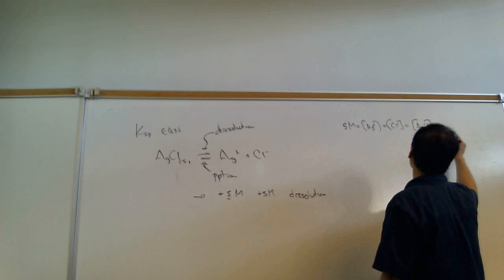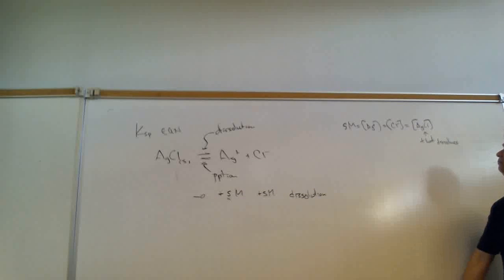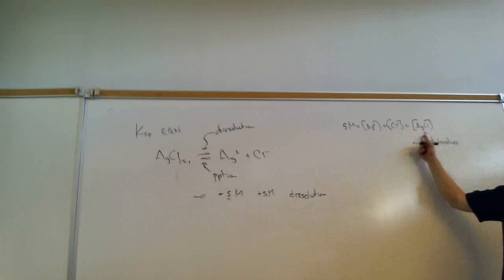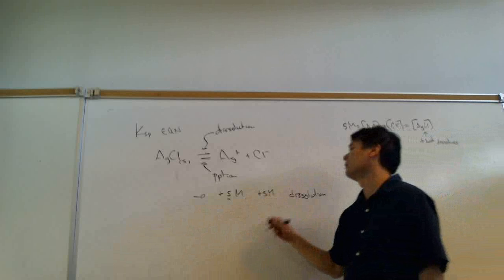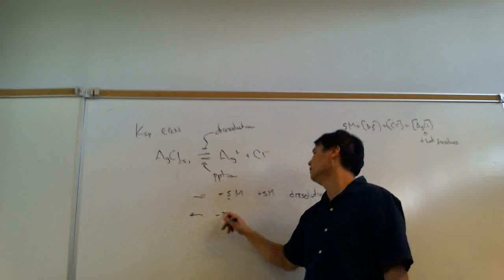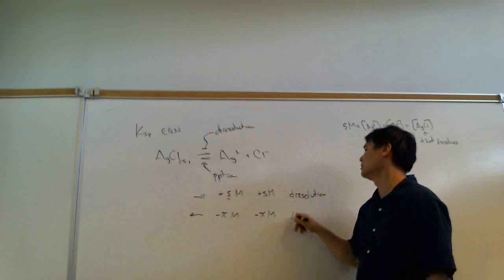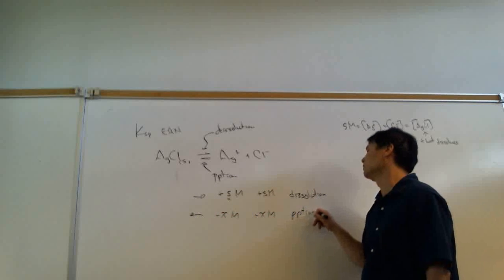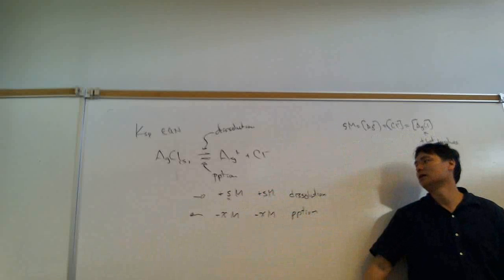Because it's all a 1-to-1 mole ratio. This is called the solubility of silver chloride, the amount that can dissolve. Versus the reverse direction, where we're losing minus X molar. In other words, we're getting precipitation occurring, so we're losing some of the product to form a solid.